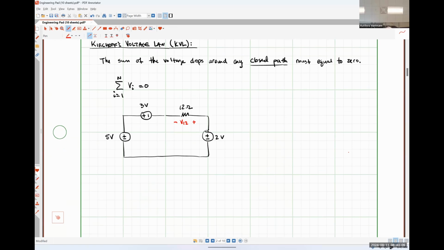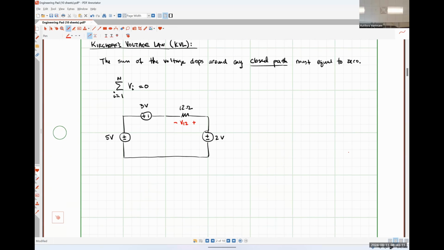So how I like to apply Kirchhoff's voltage law is I typically start at the bottom left-hand corner of my circuit, and then I simply add up all of the voltage drops around my closed path.